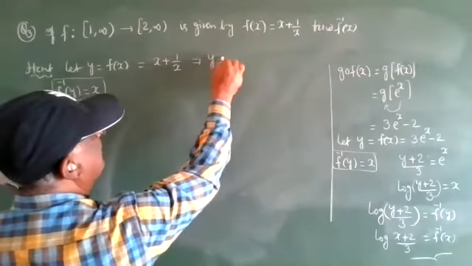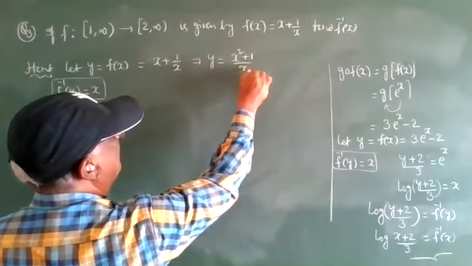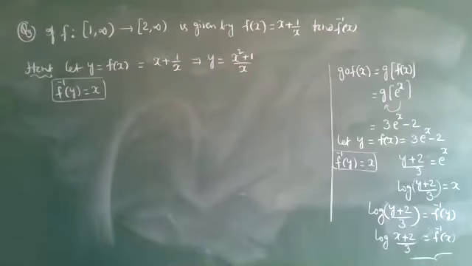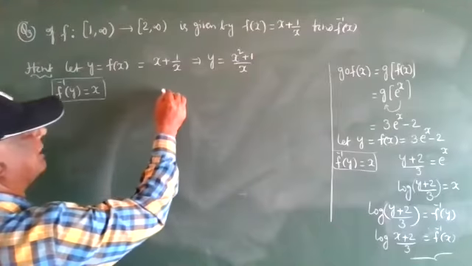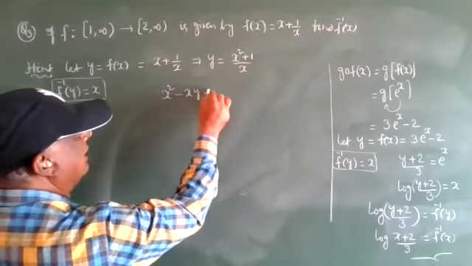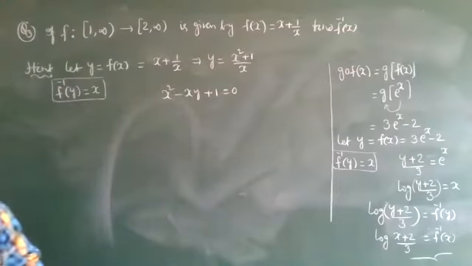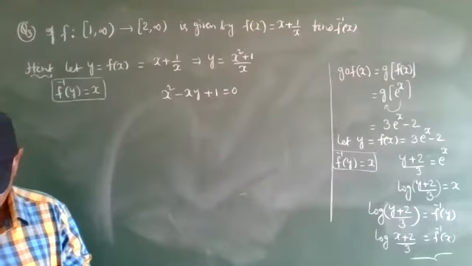So y is equal to x square plus 1 by x. Apply the cross multiplication. By the cross multiplication, x square minus xy plus 1 is equal to 0. From this one, I want x value only.